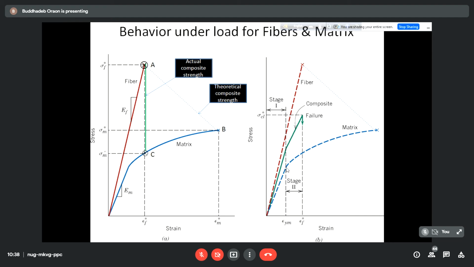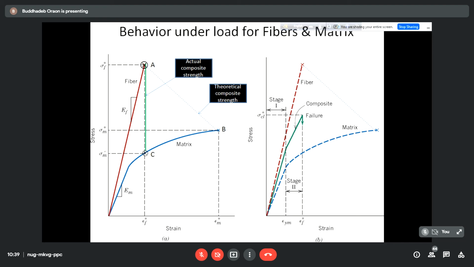At this point, the fiber is actually taking the load. Since the fiber is a brittle material, it will follow a linear curve, so it is becoming linear, although the matrix stress strain term is not linear. So that is why this part is also becoming linear.